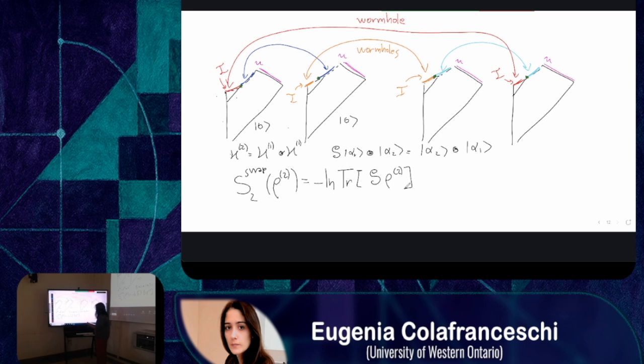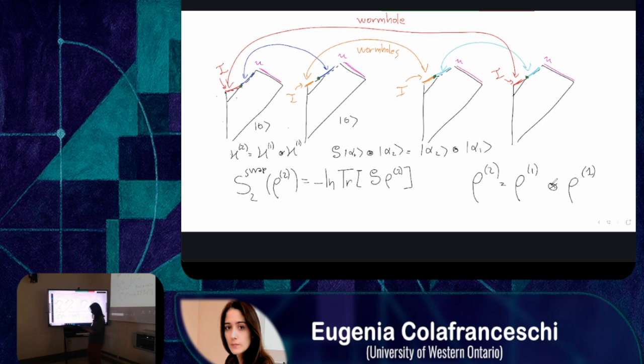Now, if the density matrix you are considering is the tensor product of two density matrices, in other terms you have two copies without correlations, then the swap entropy is just equivalent to the Rayleigh entropy. And indeed, this is a way in which you can operationally compute the Rayleigh entropy.